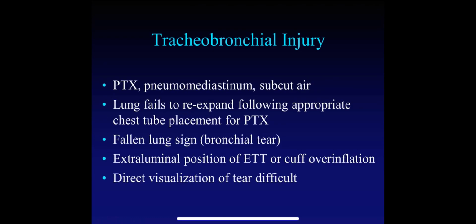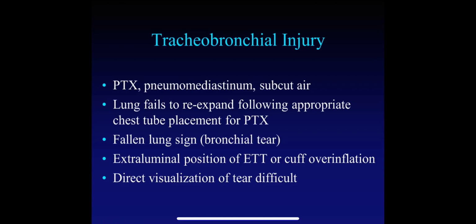Findings that we look for is basically air where it shouldn't be: pneumothorax, pneumomediastinum, subcutaneous air, and there's often a lot of it. Another finding would be that the lung fails to re-expand following appropriate chest tube placement for pneumothorax. The fallen lung sign is a well-described finding, particularly on the chest radiograph, and that's a finding we see in bronchial tear.